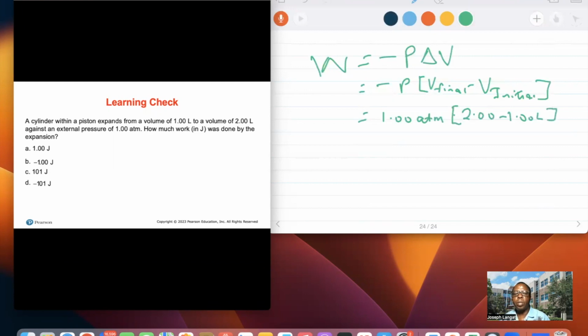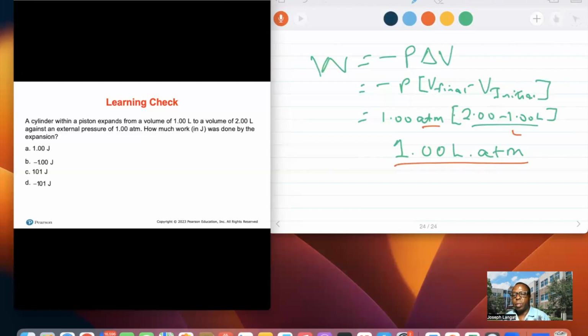So 2 minus 1 is 1. It turns out that this will be 1.00 liter times atmosphere. This is the unit because this is in liters and this is in atmospheres. That's what I have here.